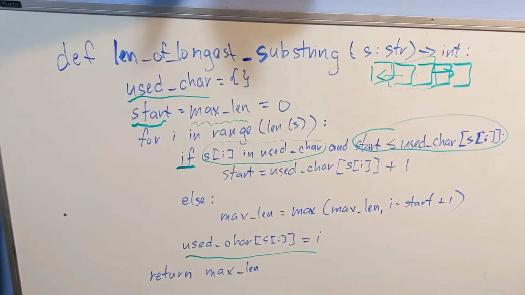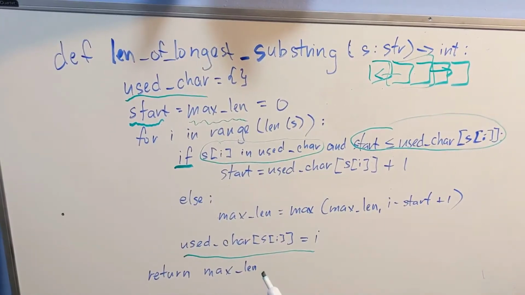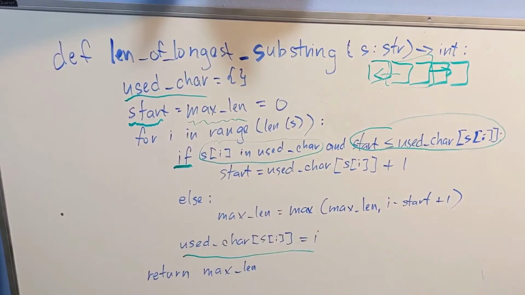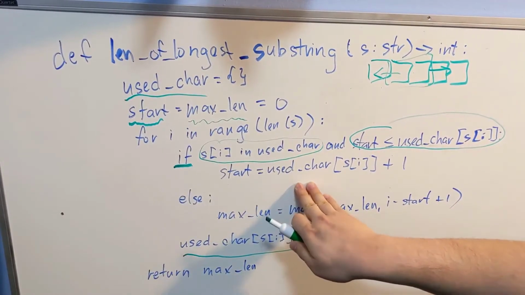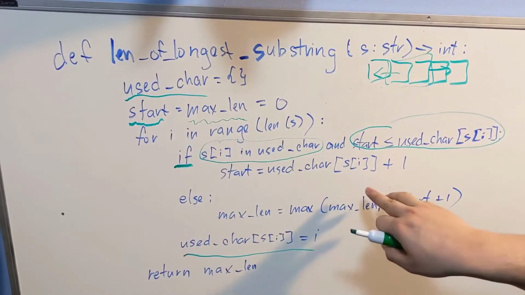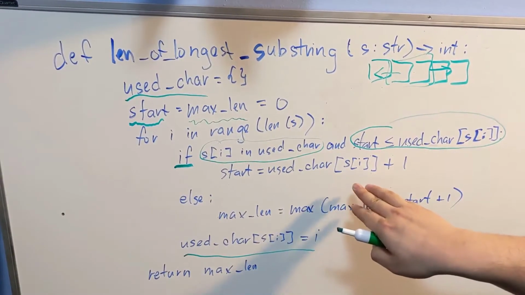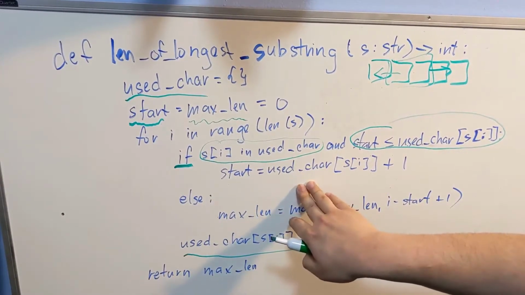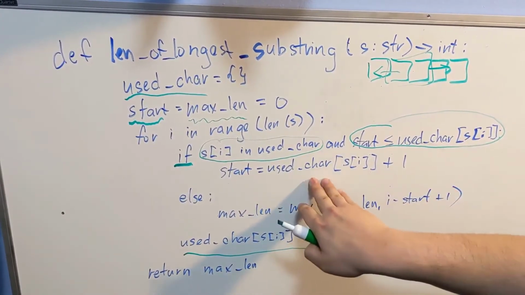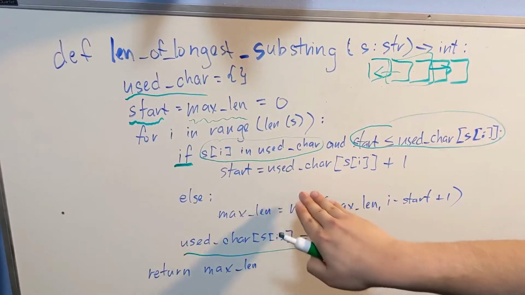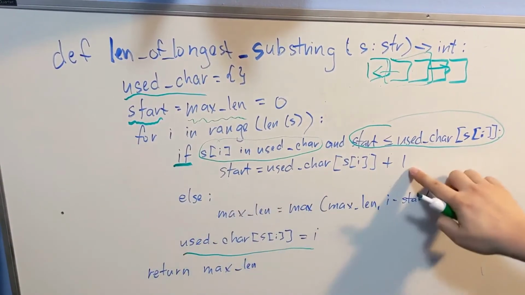Now if that holds true, we move the start position to the next character. Hence you have this one. It means we'll access the character that already exists in the dictionary as a key, grab that value and add +1. Because the value of this one is the position of that character, you now start off with the next character, hence the +1.